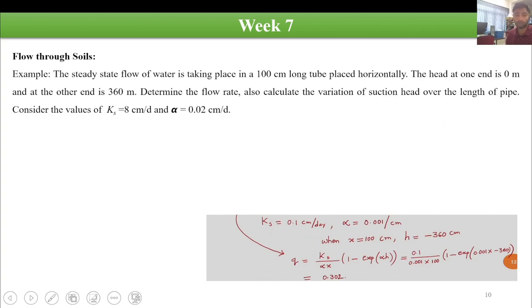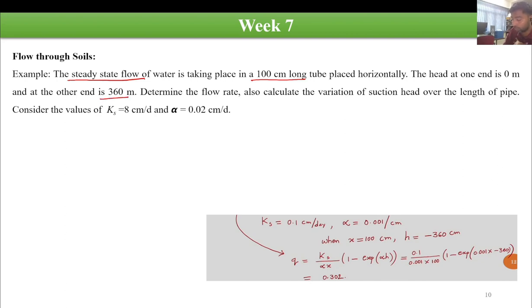Okay. So based on the expression which we have seen, we are going to solve one more numerical. A steady state flow of water is taking place in a 100 centimeter long tube as given in the last question, placed horizontally. The head at one end is 0 meter and the other end is 360 meter.